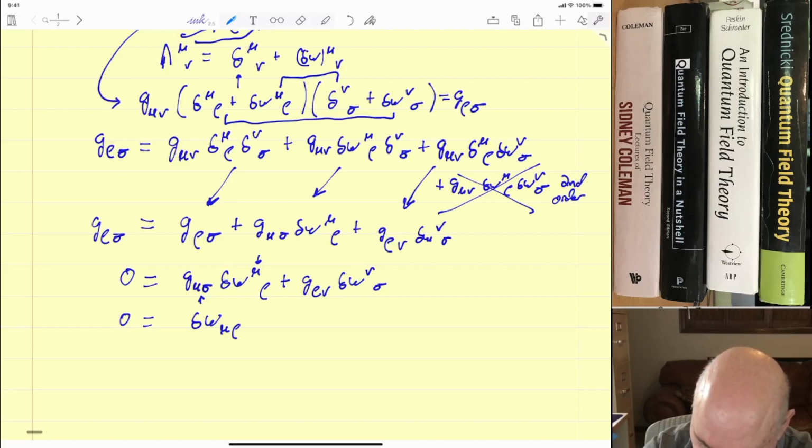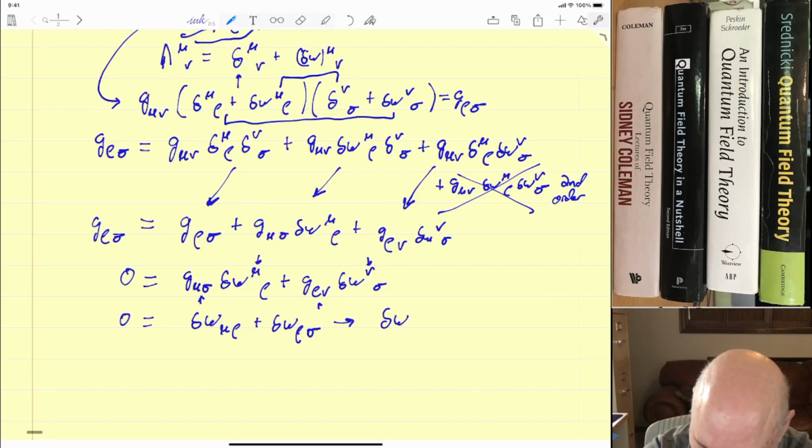And then here we lower on this. So I get plus del omega rho sigma. It lowers the nu index and replaces it by sigma. So this just implies exactly what we wanted. Del omega, no, I did something wrong there.